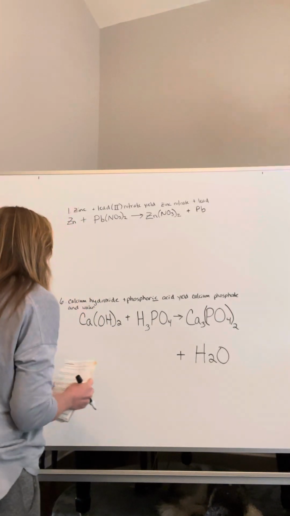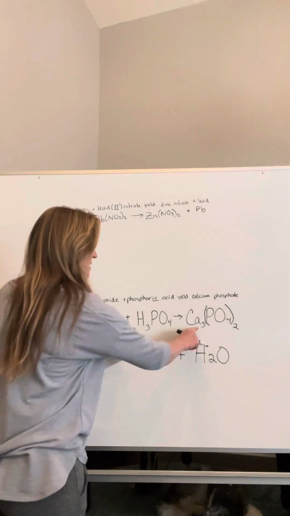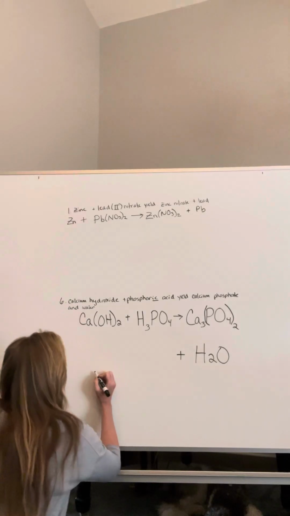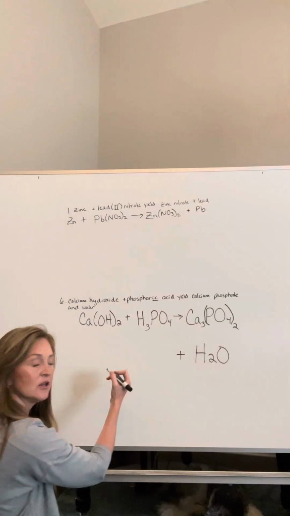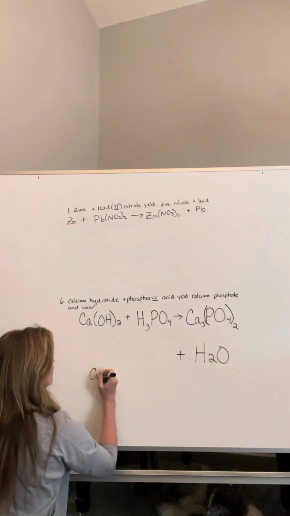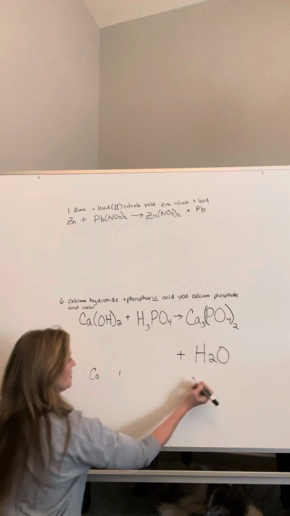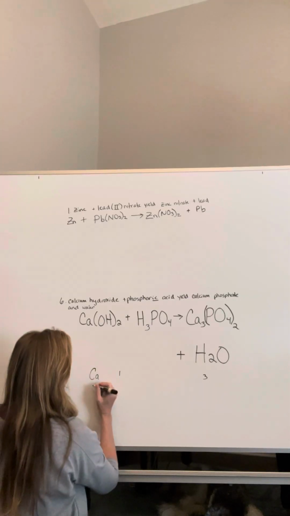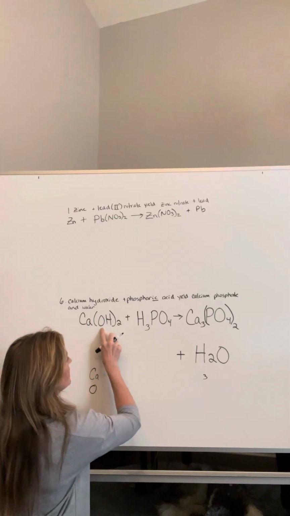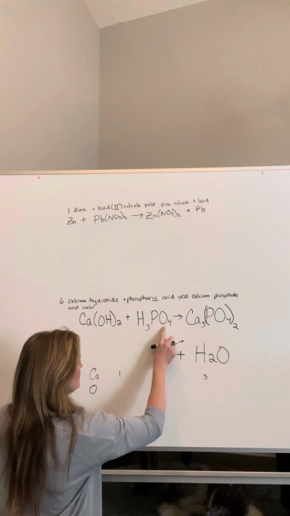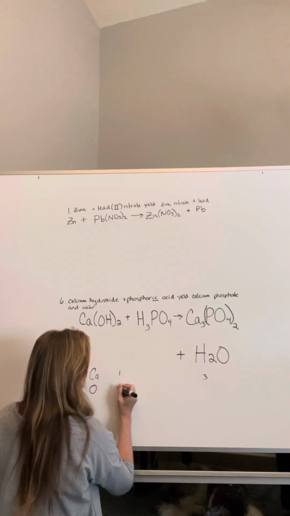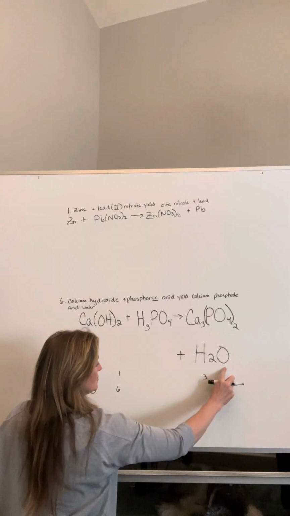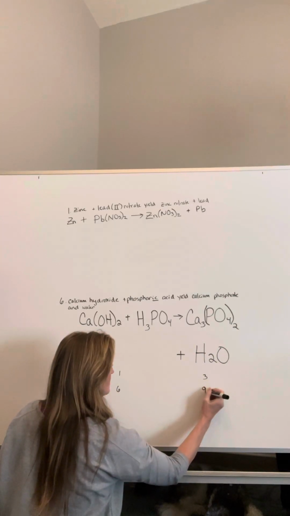Okay, so I need to balance this now. I know it's not balanced. Calcium, I have 1 over here, I have 3 over here. Oxygens, I've got 2 plus 4 is 6 over here, and I have 8 here plus 1 here is 9.